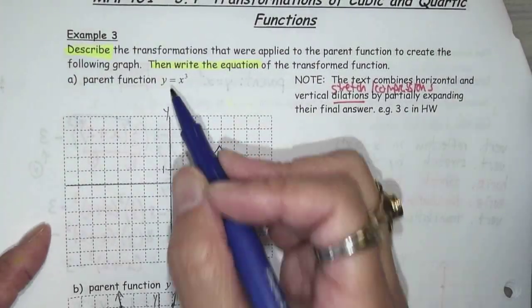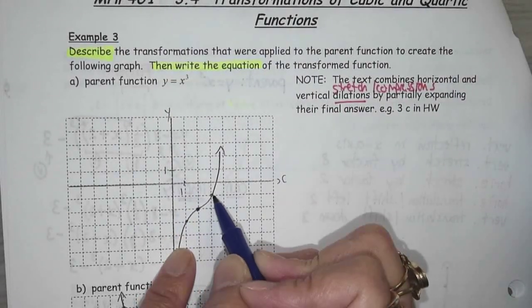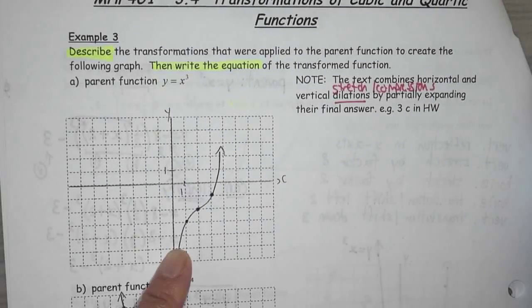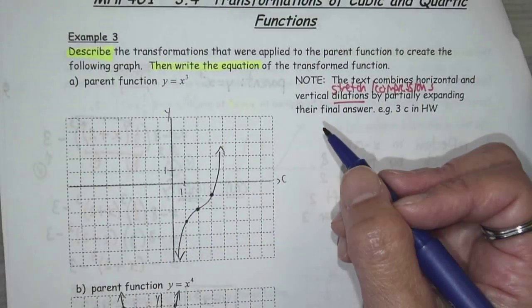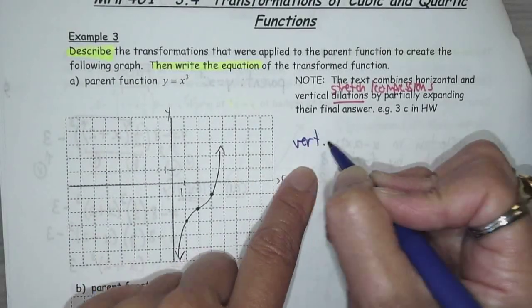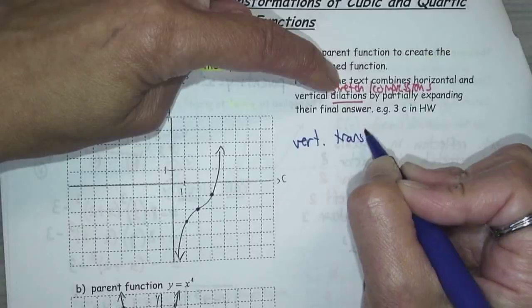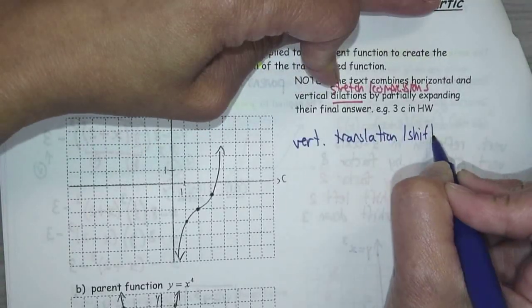So here the parent function is x cubed, so we're going to say what happens. The shape of it, all you need is the 1 point, then nothing happened, right? So if it's over 1, up 1, then we know there's no stretch, no compression. So we're going to go straight to vertical, and it's a translation or shift. Translation, or you can say the word shift.